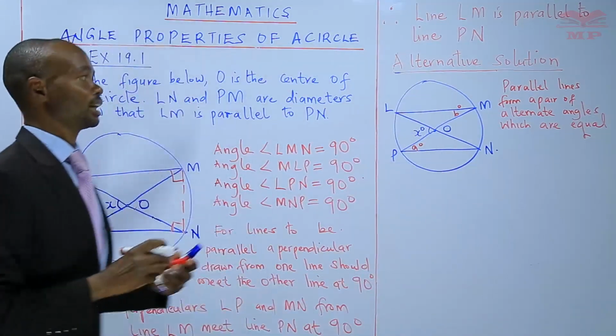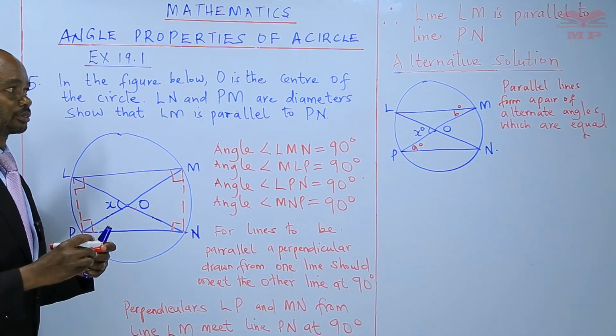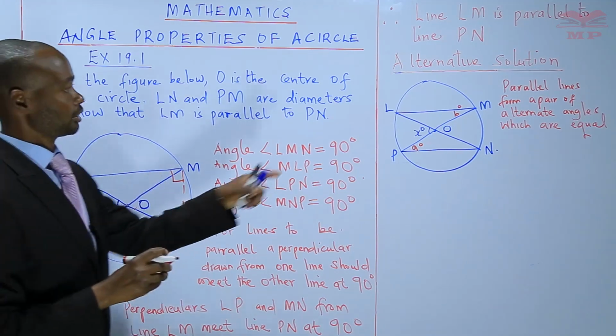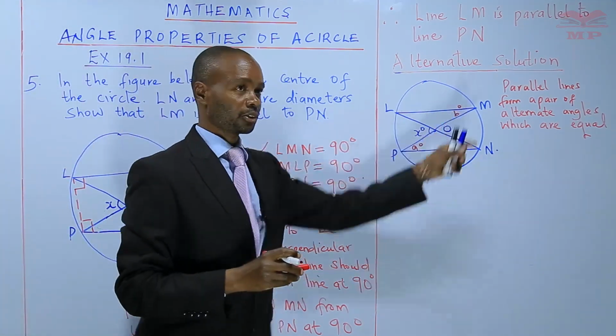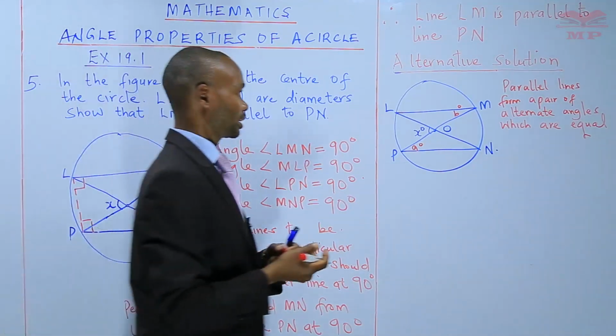In our question, we are talking of whether x will help us to get the value of A and B. If we find they are equal, then the lines are parallel.